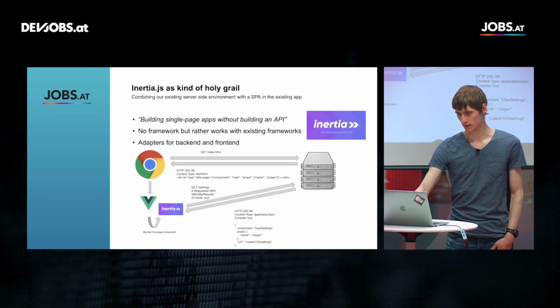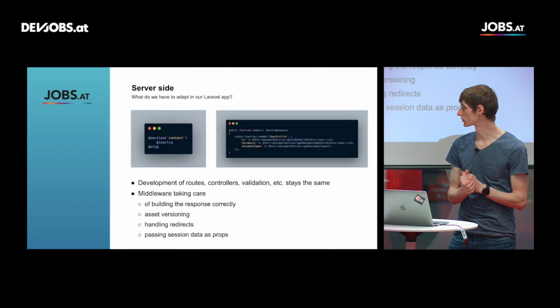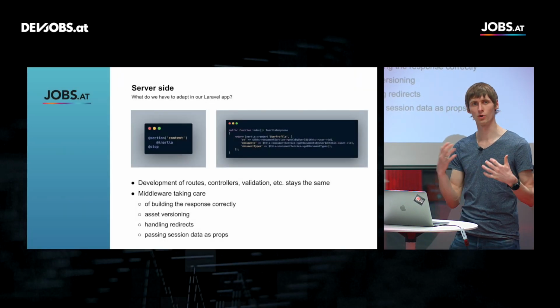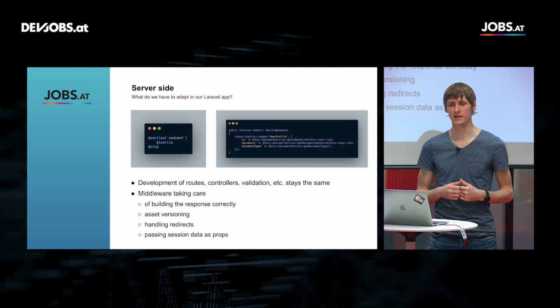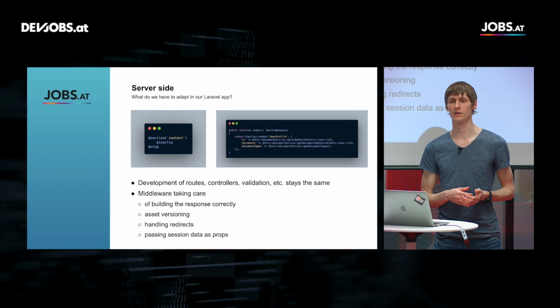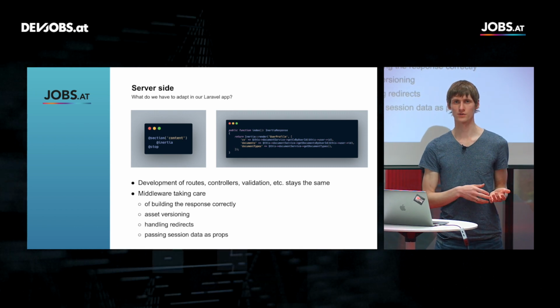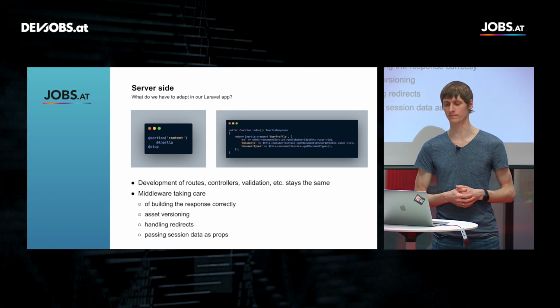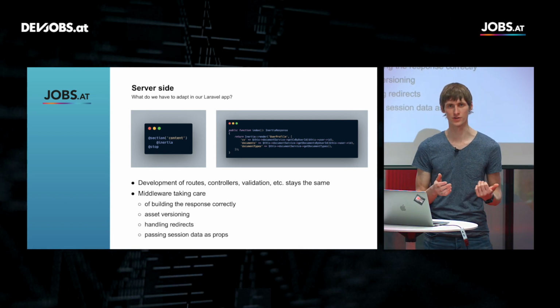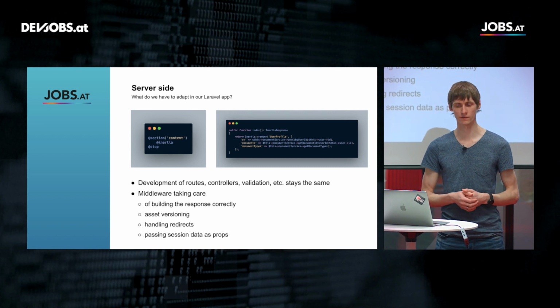All right. And now I want to talk a bit about how this looks in code, so that you get a bit of a feeling there. So on the server side, you first have to install the adapter for Inertia. So this is the setup part. You need adapters on the server side and on the front end. So basically it's just a composer package in case of Laravel.